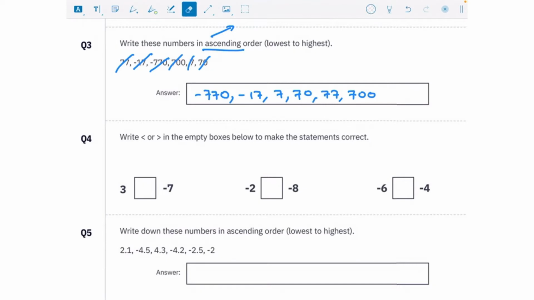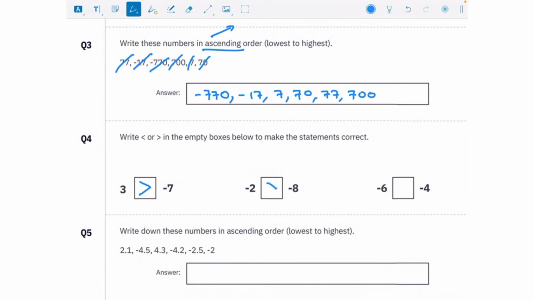So for 3 and minus 7, which one of those is bigger? Well, we know that positive numbers are always going to be bigger than negative numbers. So we're going to put it that way round to show that the 3 is bigger and the minus 7 is smaller. For the next one, we know that minus 2 is bigger than minus 8 because minus 8 is way further down on the number line into the negative numbers.